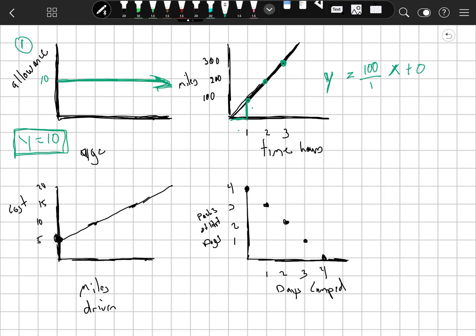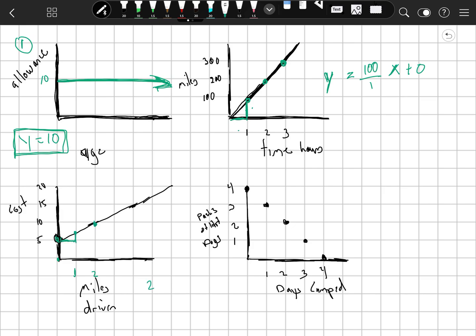Let's take a look at the next equation. Here we have miles driven and cost. So this might be a rental car. So at 0 miles driven, it costs you $5. At 1 mile driven, it costs you $7.50, and at 2 miles, it costs you $10, and so on. So if we were to write an equation for this one, we're comparing miles to cost. Each time we go over 1 mile, we're going up like $2.50.